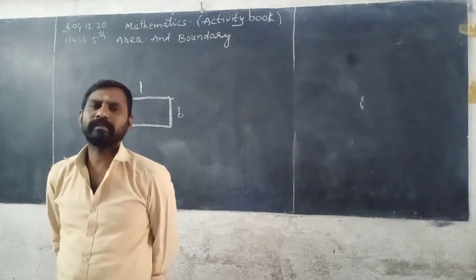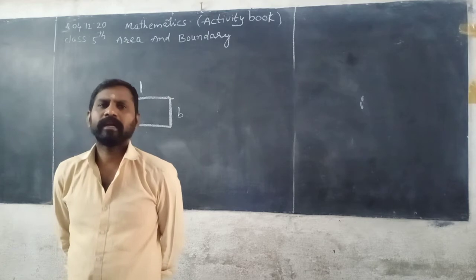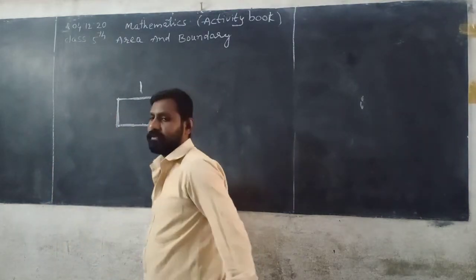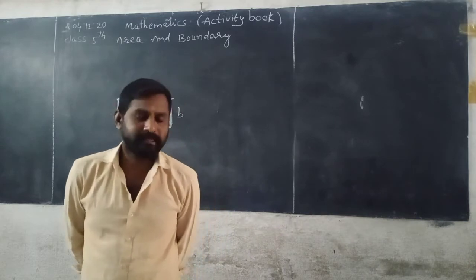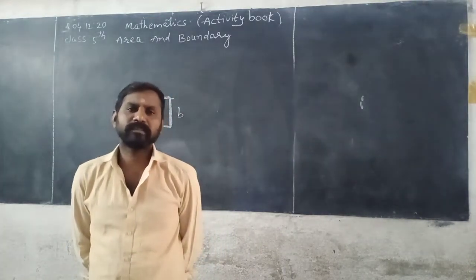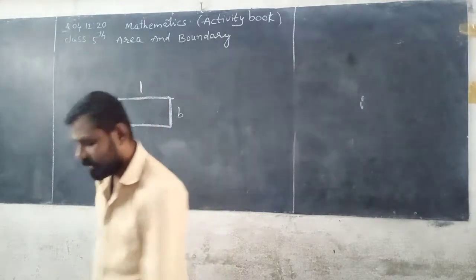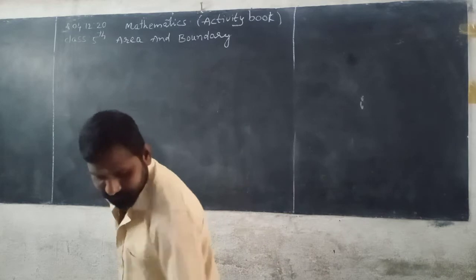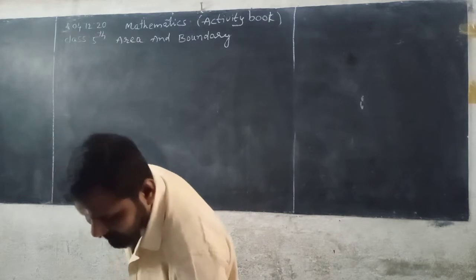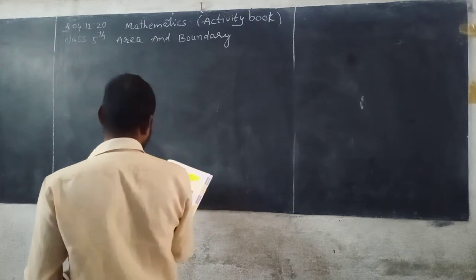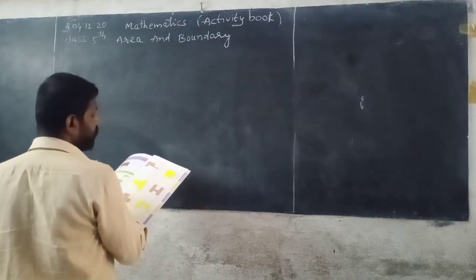In a closed figure we can add all the sides, that is called the sum of the sides. So the distance around a closed figure is known as its perimeter. Now from your activity book, page number 43, find the perimeter of the following figures.